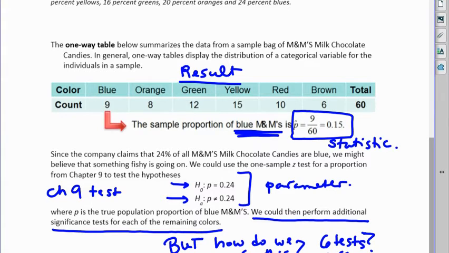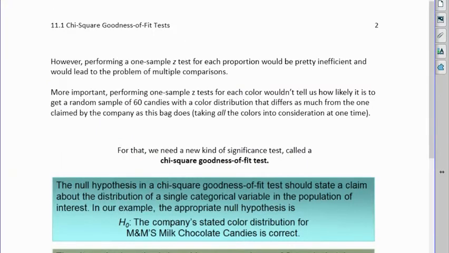If you were to do a one sample z-test for a proportion, that's really inefficient, and it would lead to multiple comparisons, some rejecting, some not rejecting.